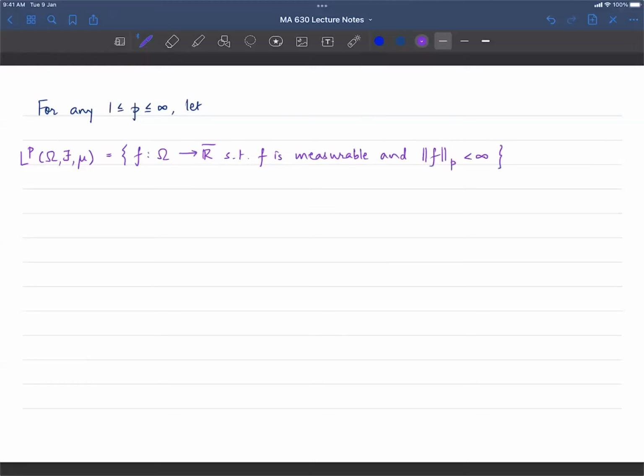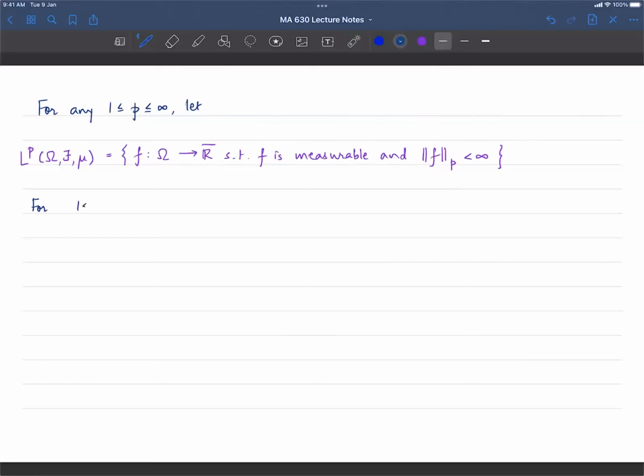All right, any questions with that as to what L^p is? So L^p(Omega, F, mu) is just the collection of functions f mapping Omega to the extended real line such that f is measurable, and further, this symbol, the norm of f in p, is finite. Now let me just add a couple of things.